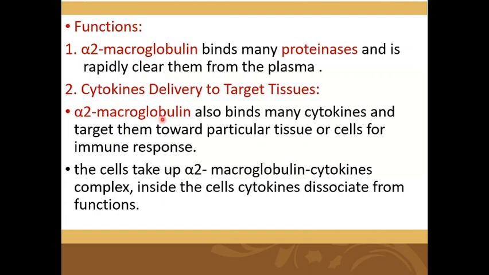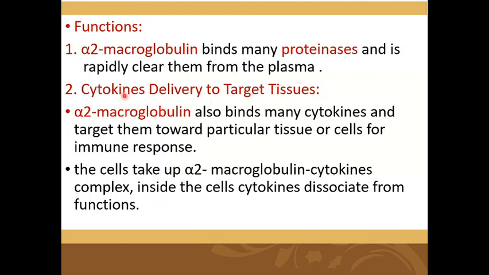Alpha-2 macroglobulin binds to many cytokines and targets them towards particular tissues or cells, ठीक है? For immune response. देखो, एक काम तो इसका ये होता है कि harmful enzymes से which can denature, which can destroy any organ, तो उनको ये clear करते हैं. Bind with them and rapidly clear them from plasma.